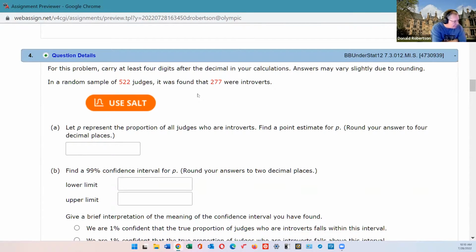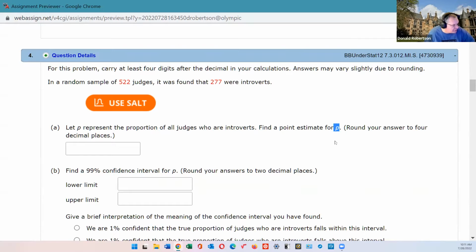In a random sample of 522 judges, it was found that 277 were introverts. You might say quiet people, shy people would be one way of describing an introvert. And let P represent the proportion of all judges who are introverts. Find a point estimate.